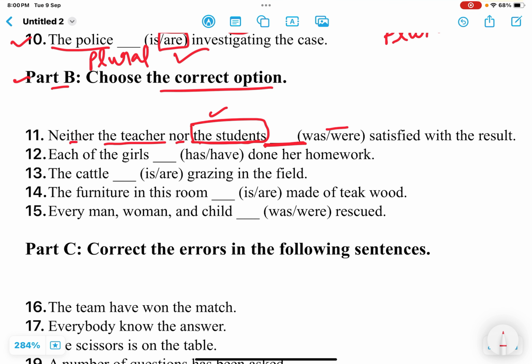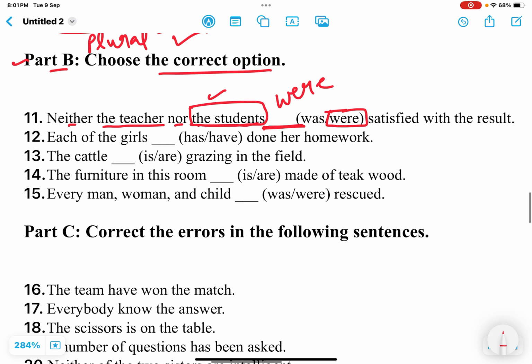Students, student is one, singular; students, more than one, plural. So here we are to choose a plural verb. So were is the correct answer here. Neither the teacher nor the students were satisfied with the result.